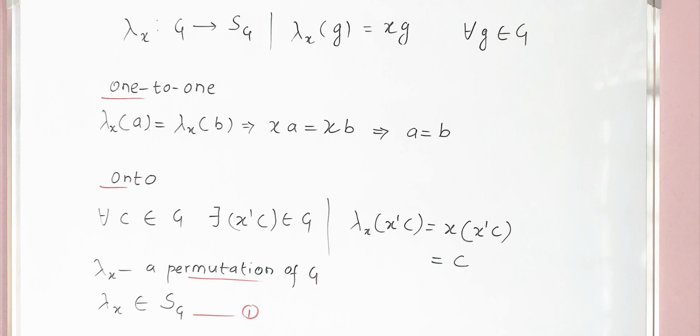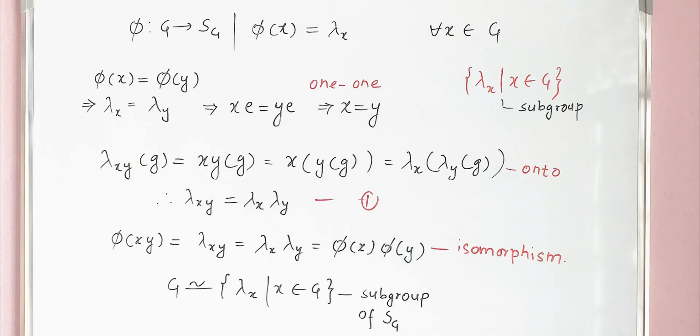Lambda_x from G to G is both one-to-one and onto, that is, lambda_x is bijective, therefore lambda_x is a permutation of G, so lambda_x belongs to S_G. Now to show G is isomorphic to a subgroup of S_G, we find an isomorphism from G to a subgroup of S_G.